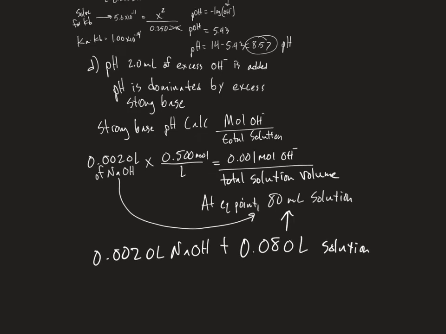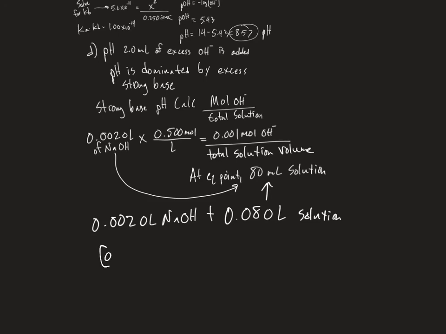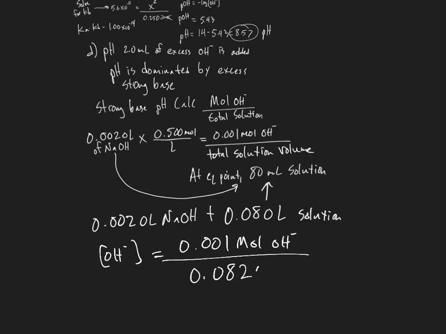That came from that. So finally, OH minus molarity equals 1 mole, rather, divided by 0.082 liters of solution. And that gives us a molarity of 0.122 molar.